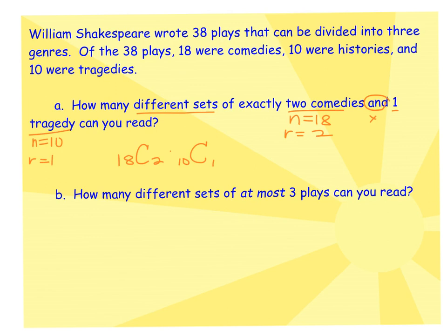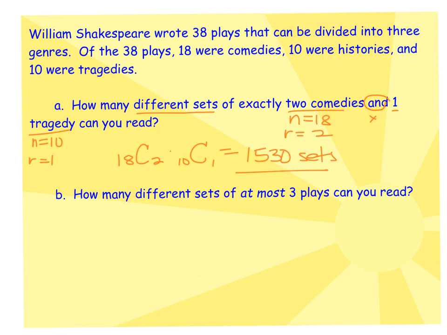Go ahead and enter that in, 18C2 times 10C1, and write down what you get. When I did this, I got 1,530 different sets of 2 comedies and 1 tragedy that you could read out of William Shakespeare's 38 total plays.